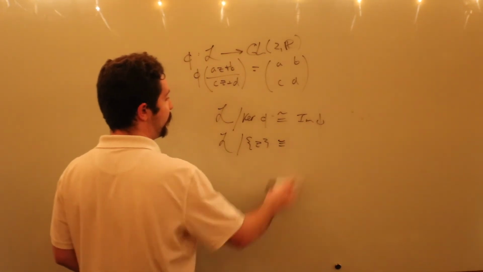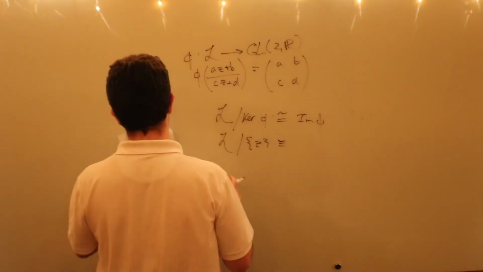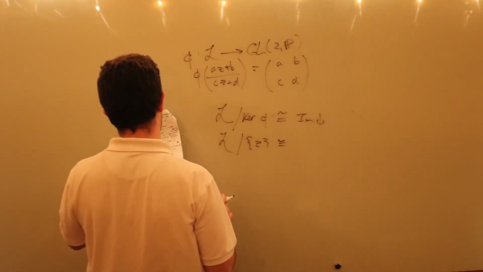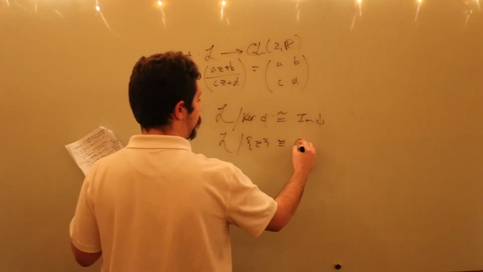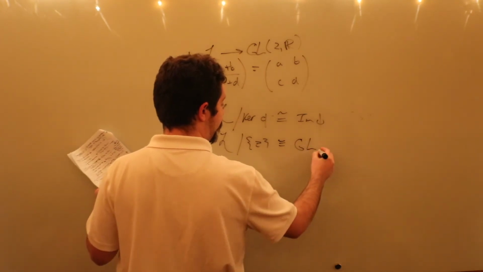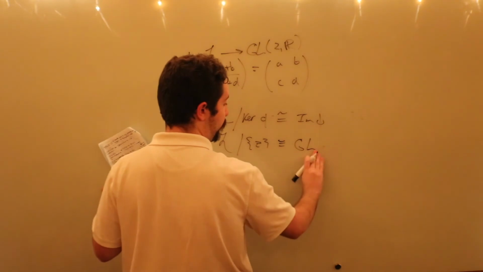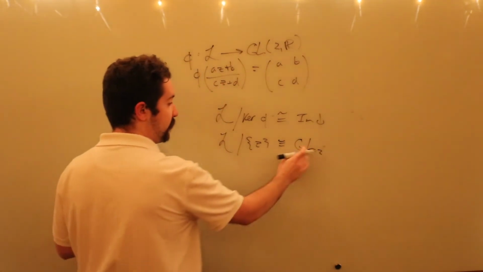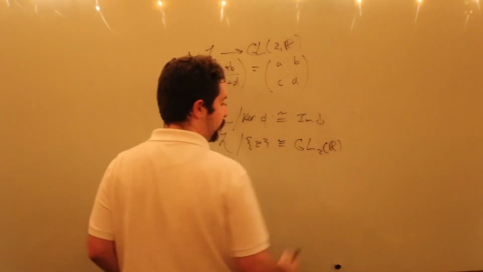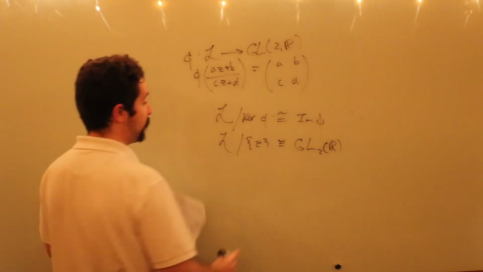And this is isomorphic to the image, and the image in this case is going to be the whole group. GL of 2R sometimes is also denoted with a subscript GL2 or GL2 of R. There's all kinds of notation floating around, but we see this.